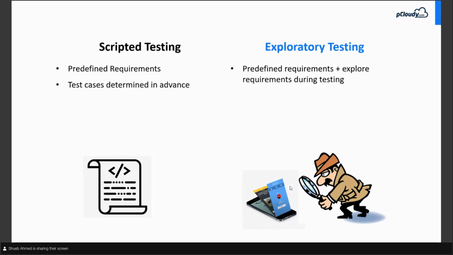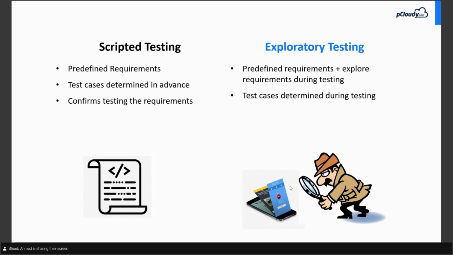In scripted testing, the test cases are defined in advance, so you spend some time writing the test cases. Whereas in exploratory testing, they are determined while you are testing. While you do your exploratory test, you determine your test cases, including the positive test cases that have to be included and the negative scenarios as well.